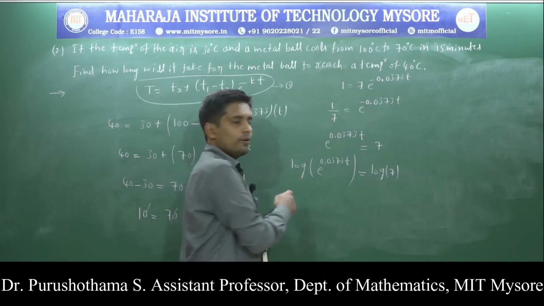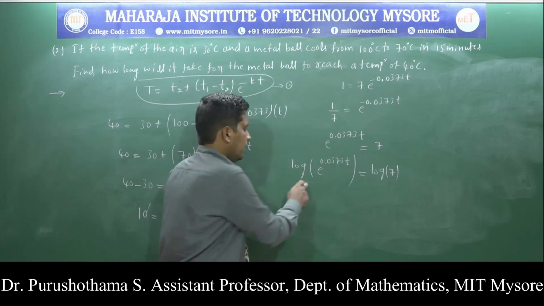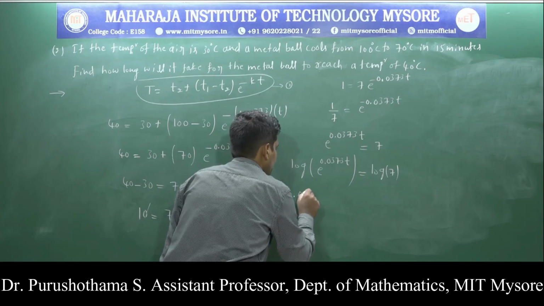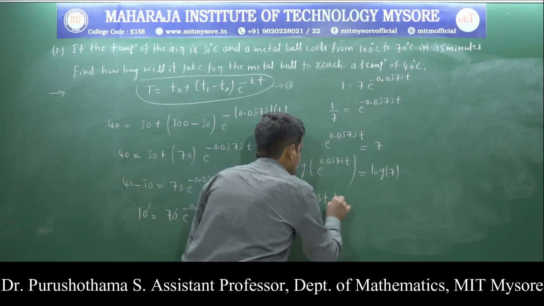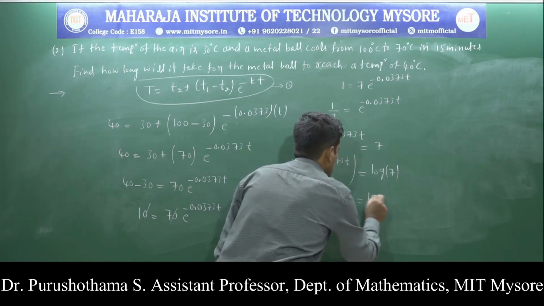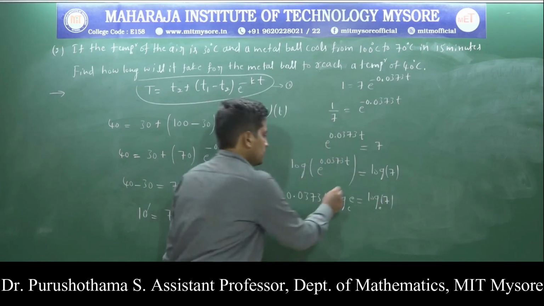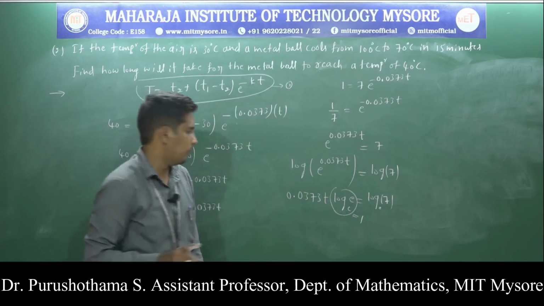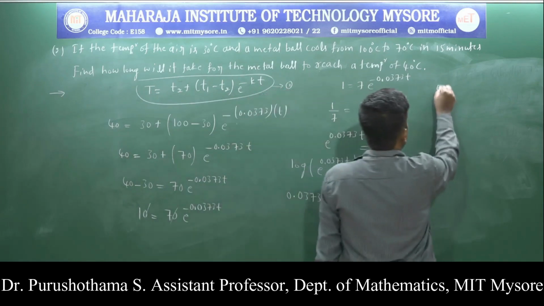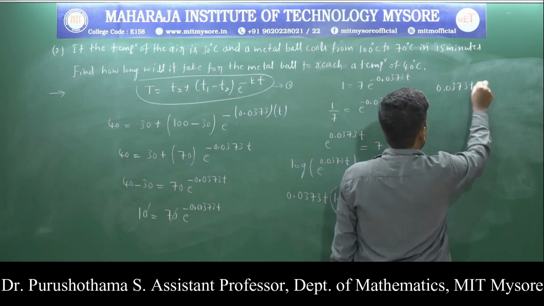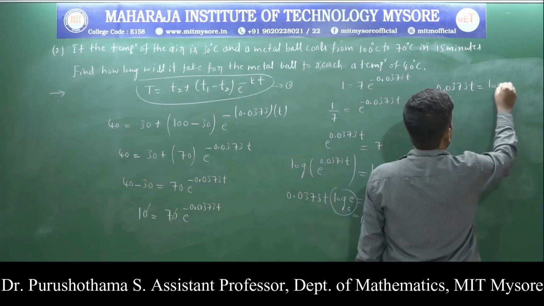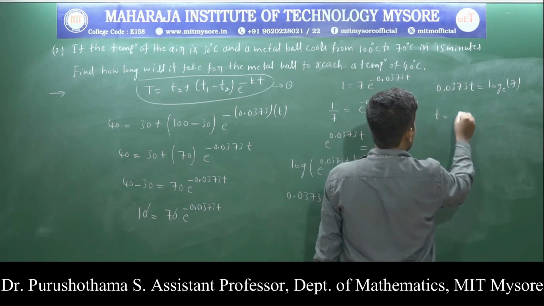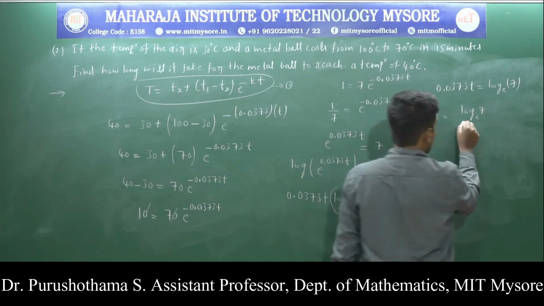Again I use the logarithmic property: log of e power m is m, so 0.0373 t into log e is equal to log 7. Log e with base e is equal to 1. Therefore 0.0373 t is equal to log base e of 7.